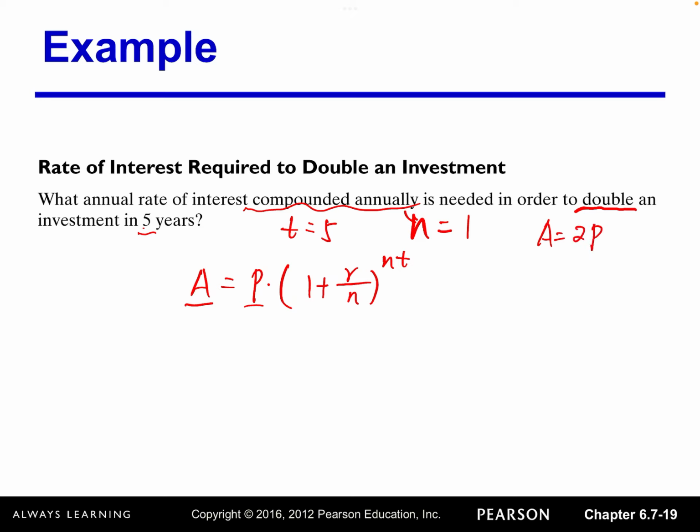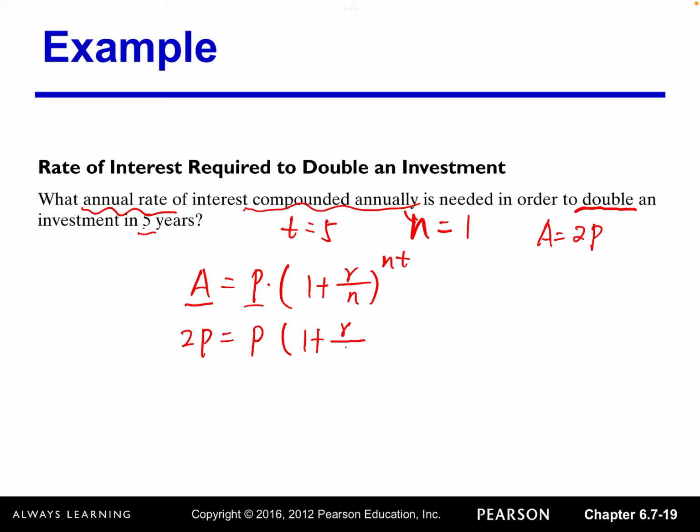Is that right? So we can plug all the information we know into the formula. Replace A by 2P, and the principal we still put as P, and then 1 plus r. The interest rate is what we're looking for, so r we don't know, we just keep the variable r in there.